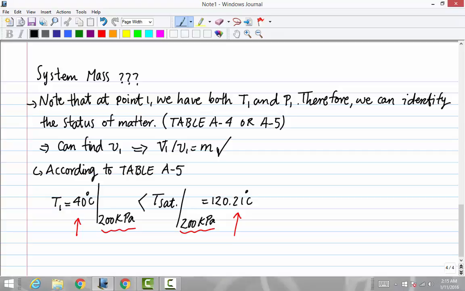So we say it's subcooled or it's compressed. They are the same. So we conclude that we have subcooled or compressed liquid. Okay.